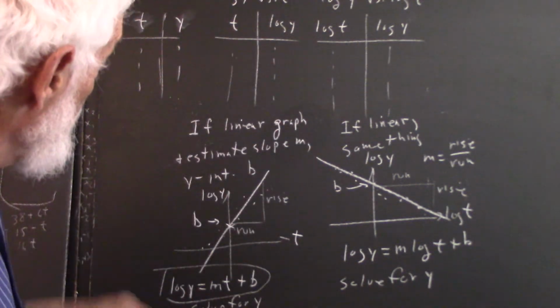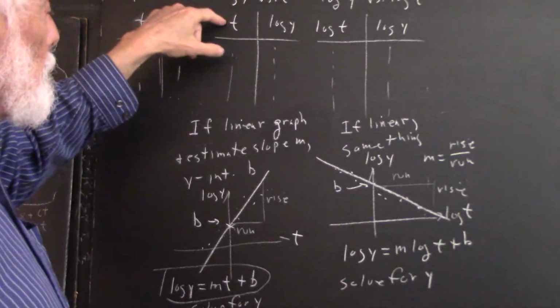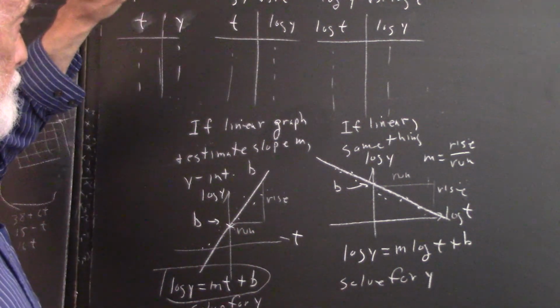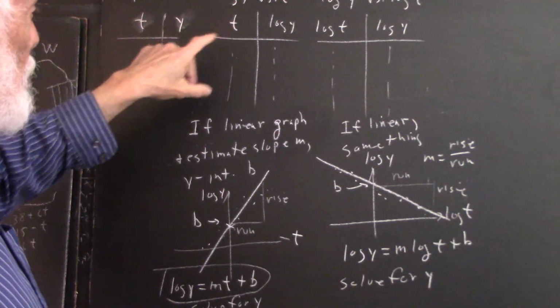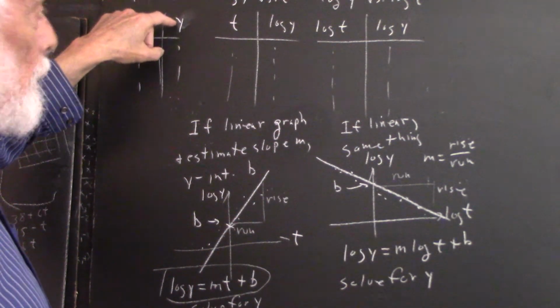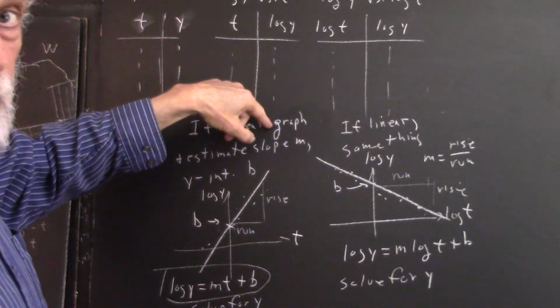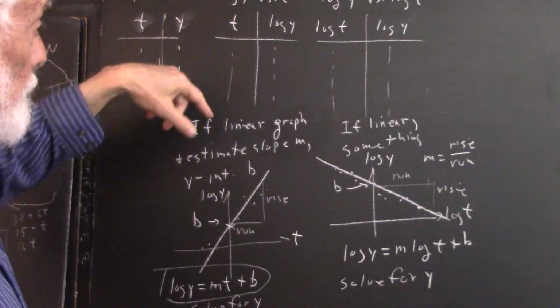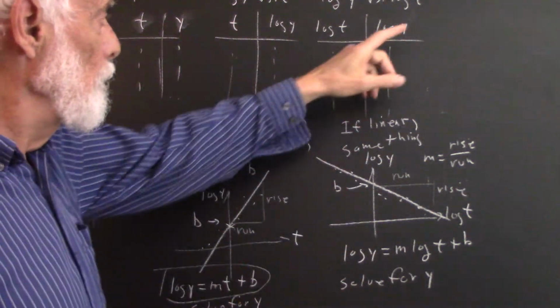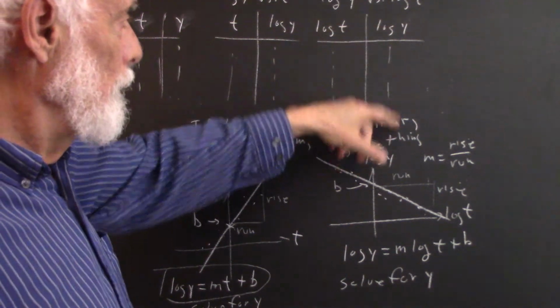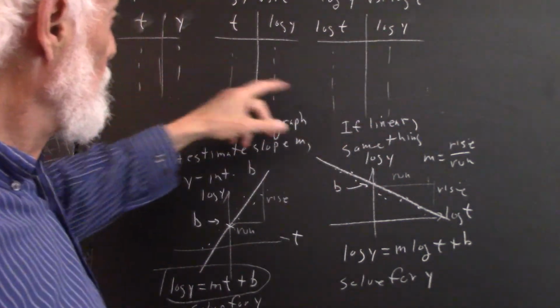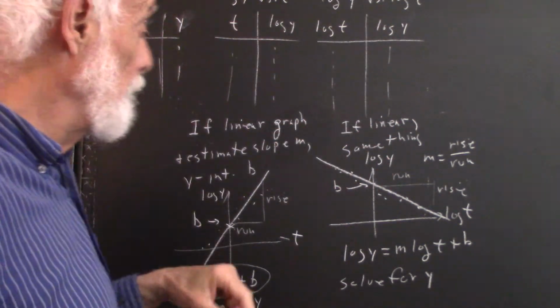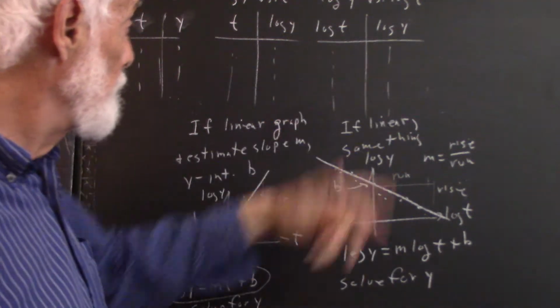Okay, so you got log y versus t, and to get log y versus t, you just take your y values and calculate their logs. They go in this column. If we want to do log y versus log t, you calculate the logs of your y values, you calculate the logs of your t values, and you put them here.